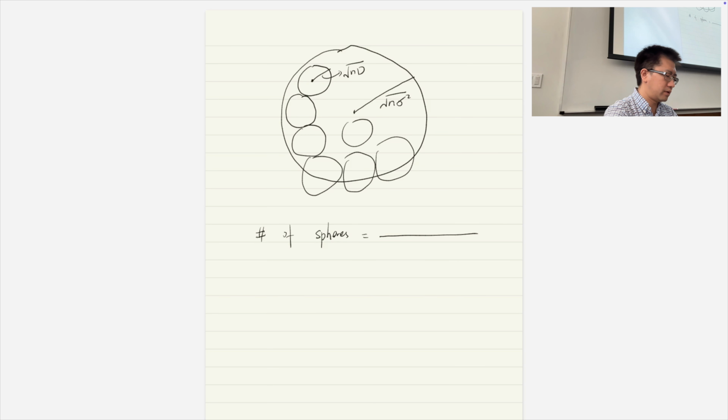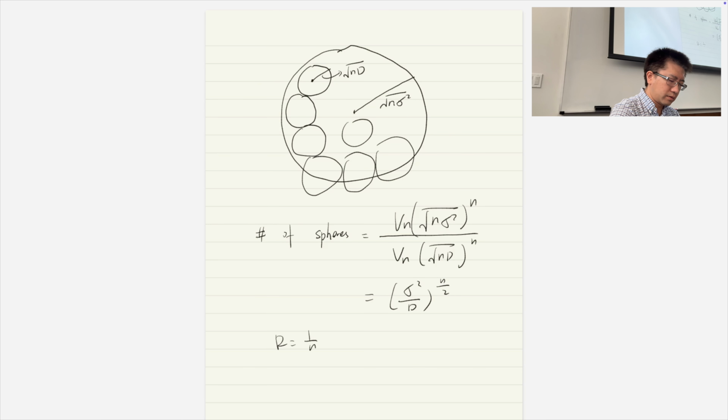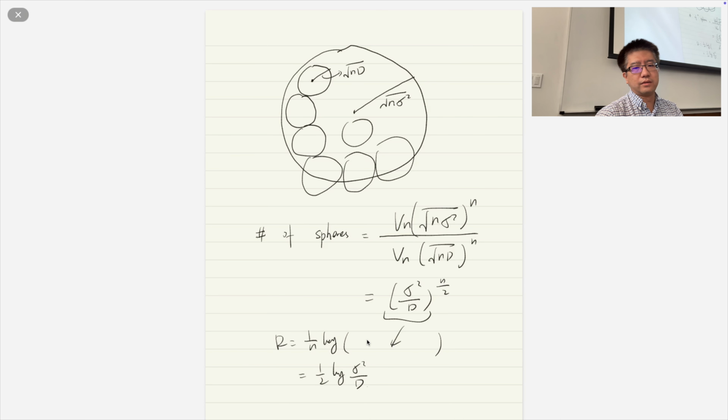The total volume is proportional to sigma squared to the n half, and the volume of each small sphere is proportional to d to the n half, so the ratio is sigma squared over d to the n half. Then if we take a log of it, R is one over n times the log of this, and that's how we get this number.